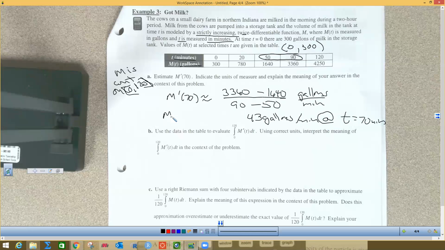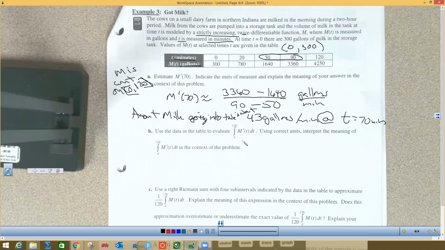This is the amount of milk going into the storage tank, into the tank, is about 43 gallons per minute, because we are approximating, because it's an estimation, because we don't really have 70.